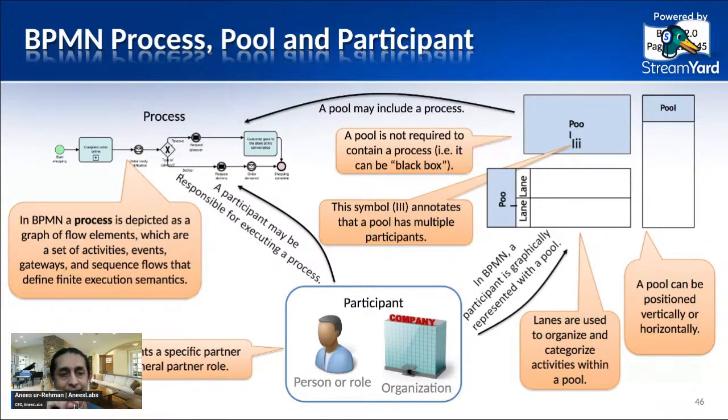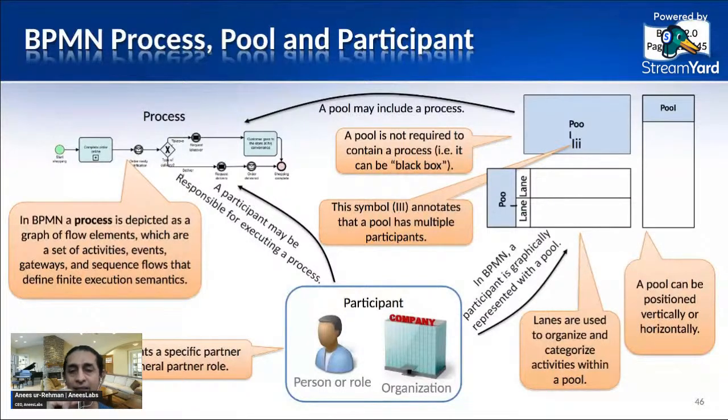A process is defined as a graph of flow elements, which are a set of activities, events, gateways, and sequence flows that define finite execution semantics. A pool may indicate a process. A pool is not required to contain a process. It can have a process, but it's just a symbol showing the swim lanes inside.